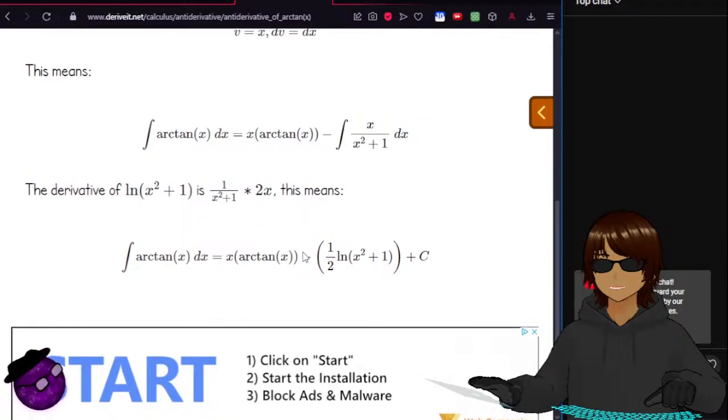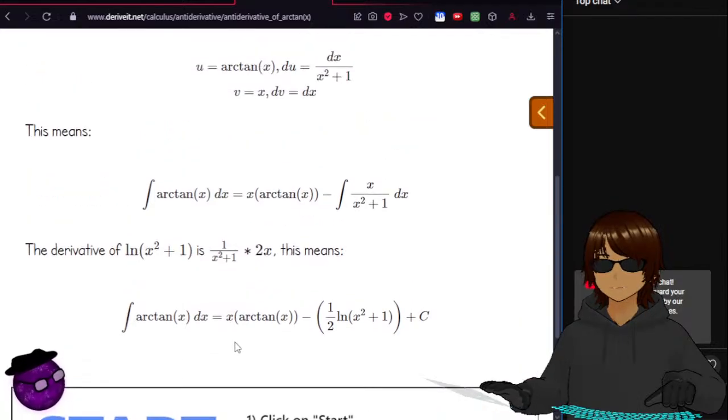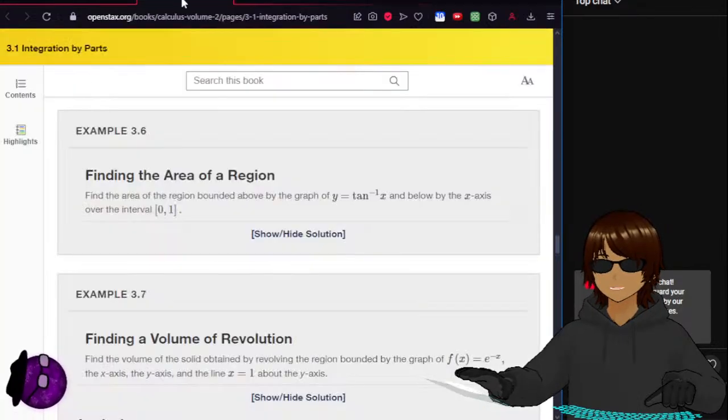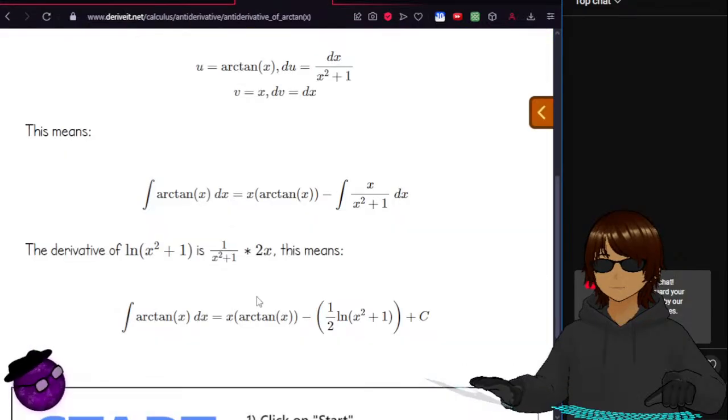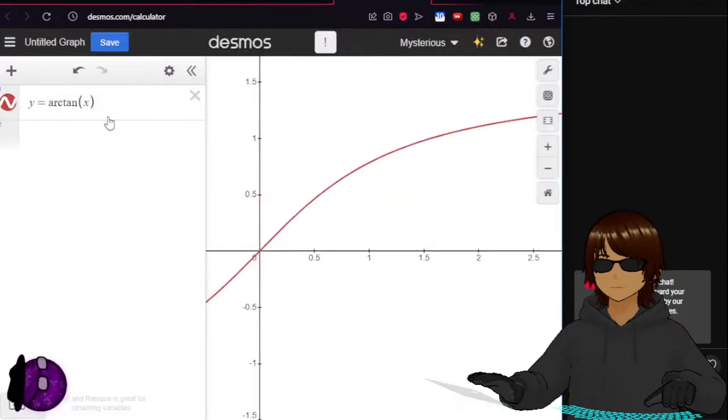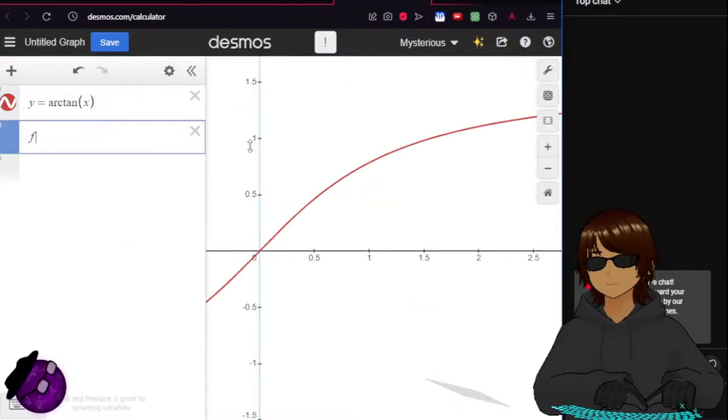Antiderivative of arctan is this. So let's see.